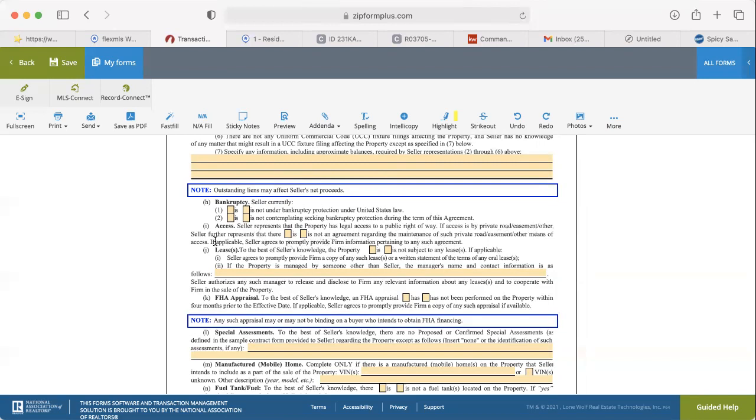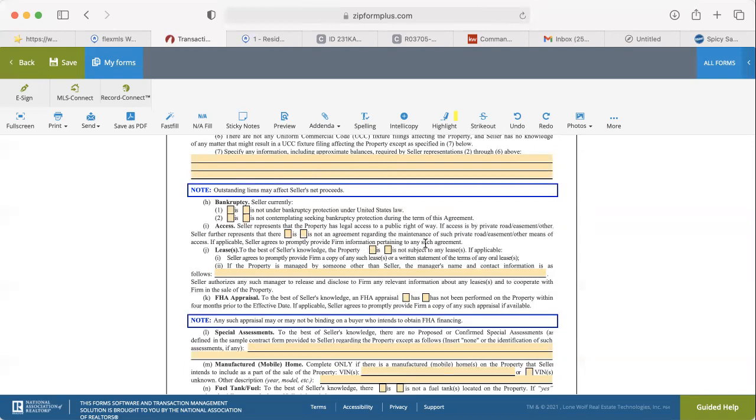So if the property is in a neighborhood where the HOA manages the maintenance of the roads, those roads are considered private. But usually in the HOA documents, it says that the roads are private and the HOA will maintain the roads. That's okay. You would check, yes, there is an agreement.